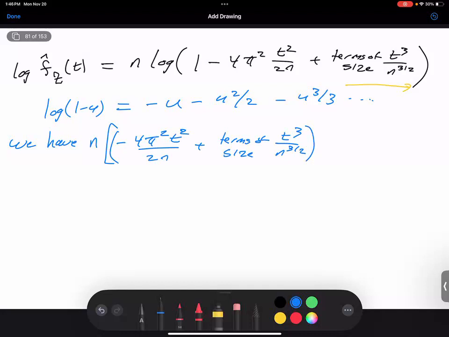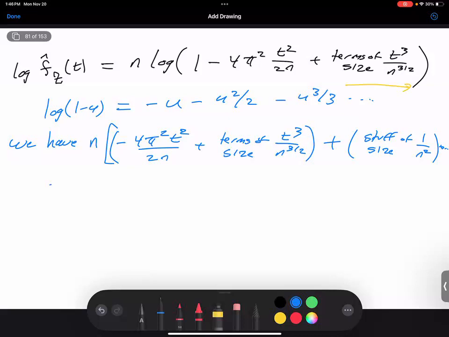What's the next piece going to be? It's going to be that whole thing squared. So this is going to be stuff of size 1 over n squared, right? Because we start off with 1 over 2n, so when we square, it's something of size 1 over n squared. And as you go further down, it's going to be smaller and smaller.